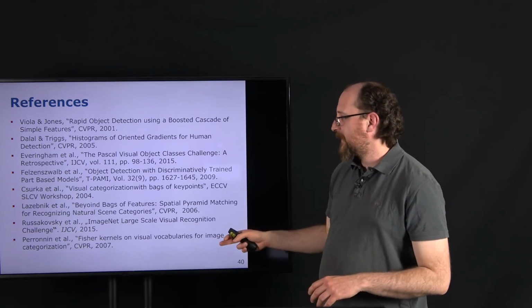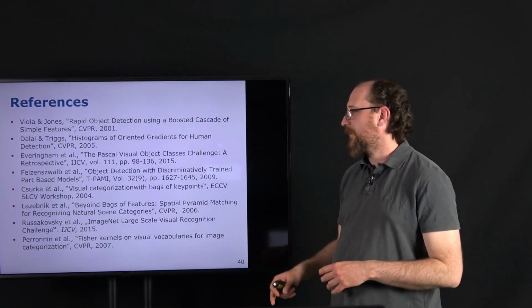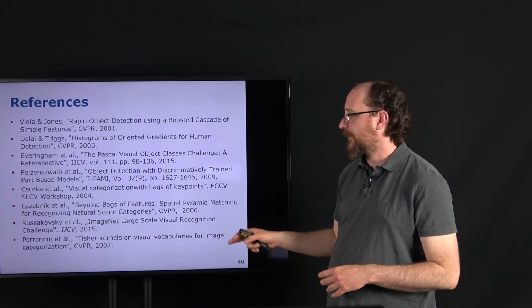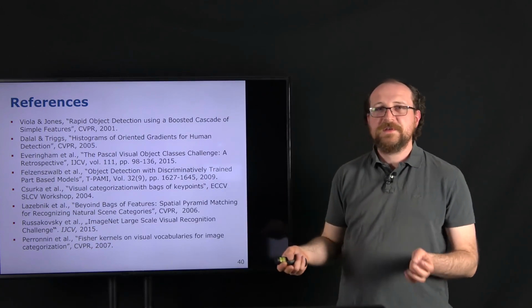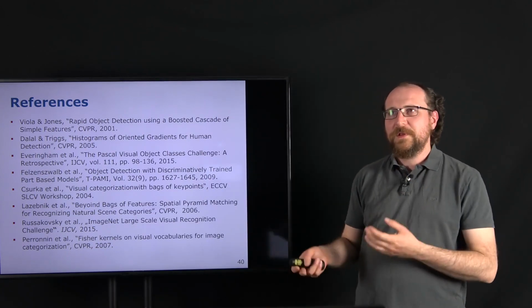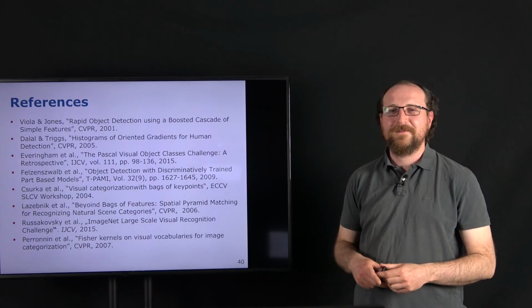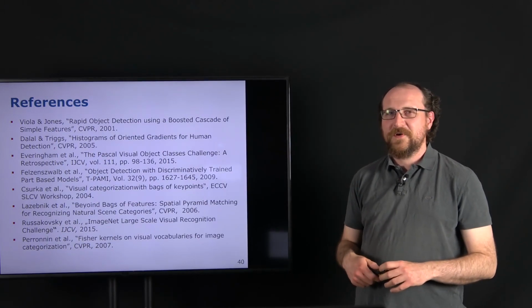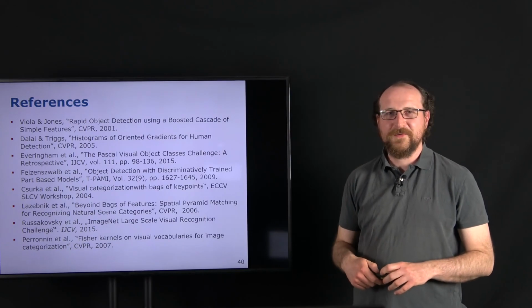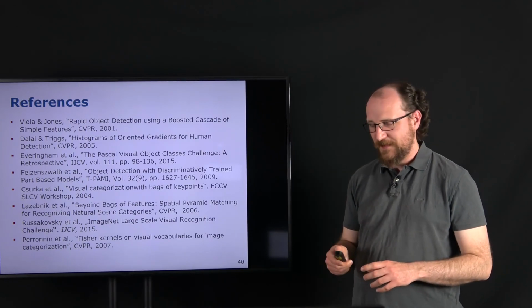But here you can get more information about the Fisher kernels and the Fisher vectors. The ImageNet dataset will play a role in the next parts of the lectures, when we talk about more powerful models to solve vision tasks.